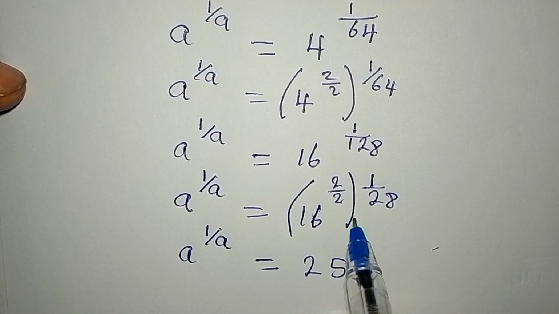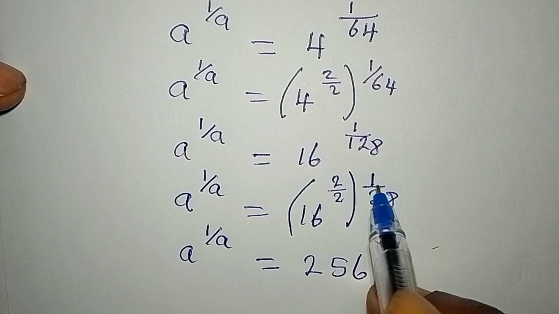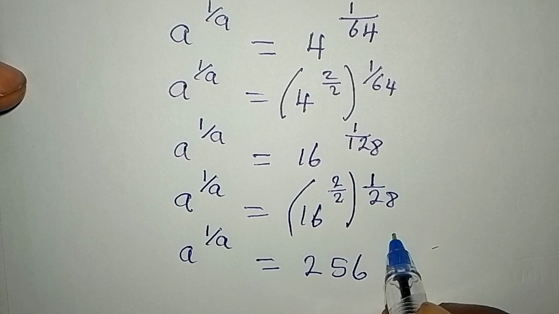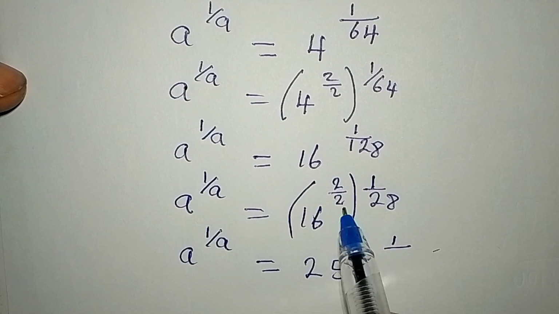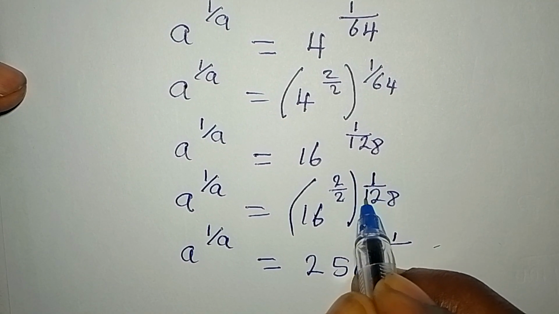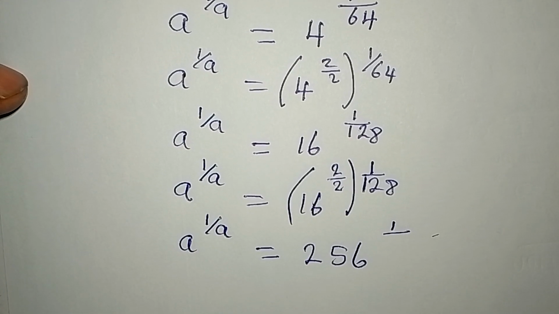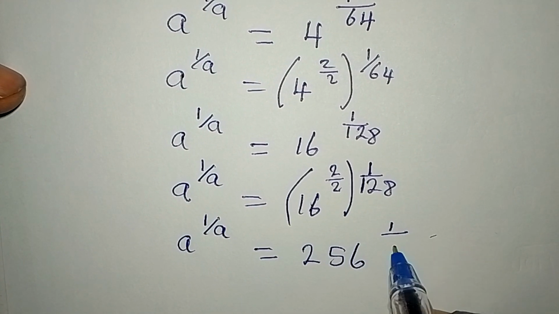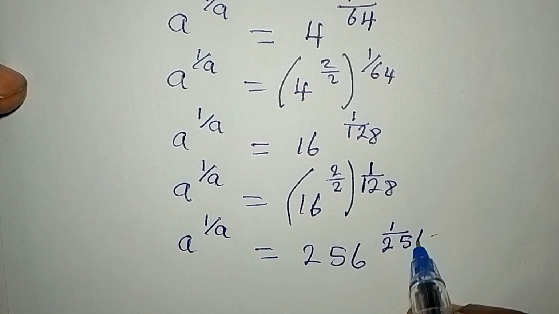Then I will multiply the other. So I have 2 multiplied by 128, and that is 256.